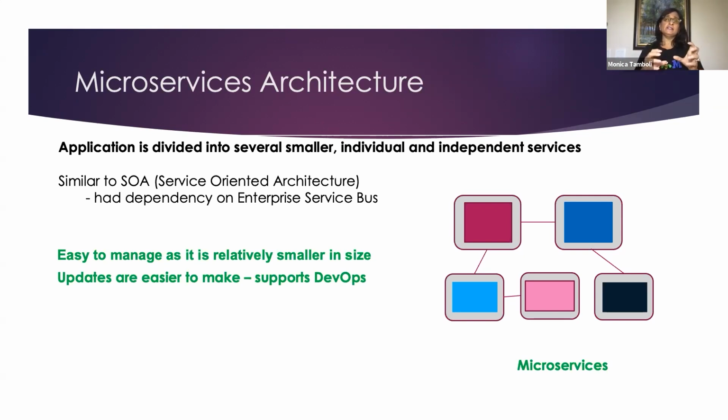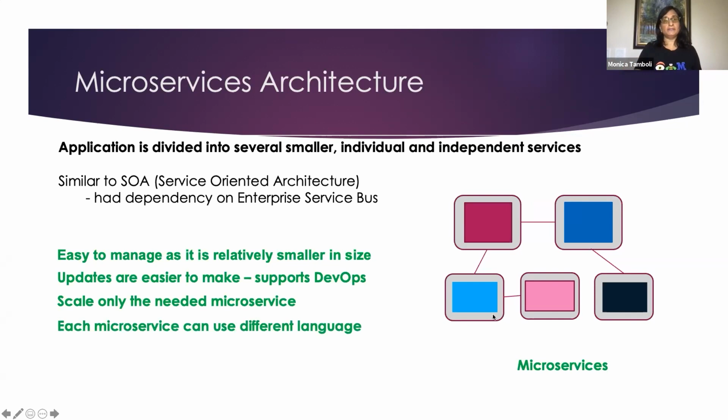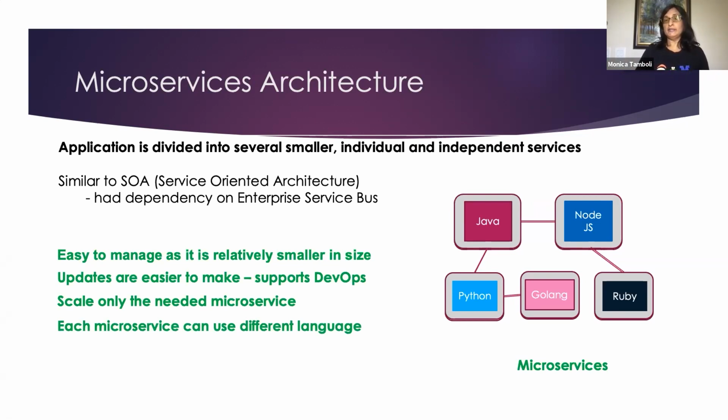Dividing your tasks into microservices helps support that, now you can make updates only to one thing as opposed to the whole application. So now you can just take one microservice and scale it as your needs change. As we talked earlier, different teams could use different languages if they desire.